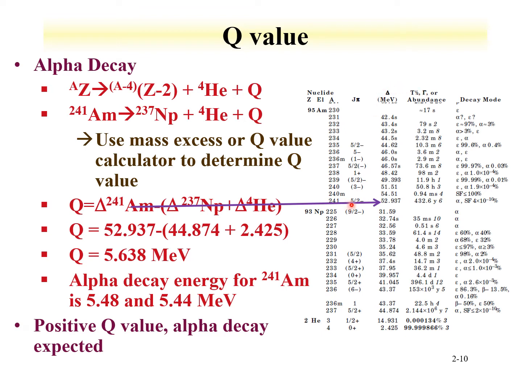The mass excess of neptunium-237 is listed here. And the mass excess for the helium nucleus is listed here. And I pulled this out of a compendium of information and data that's in the back of the textbook, Nuclear and Radiochemistry. So we get this Q value.